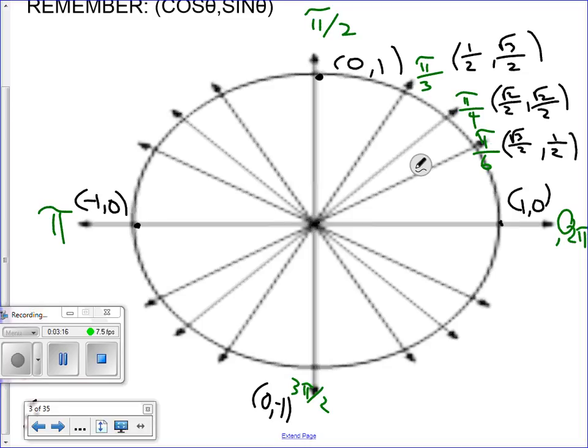Beautiful. So you can do that, and you see how the x's decrease and the y's increase. You do have the sine and the cosine. Just to make sure we got this, what is the cosine of pi over 3? 1/2. All right, we're just making sure we get how this whole thing works.